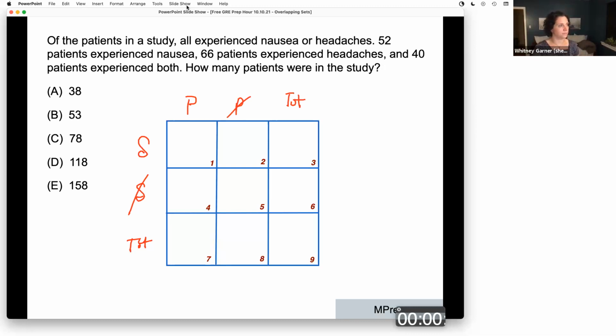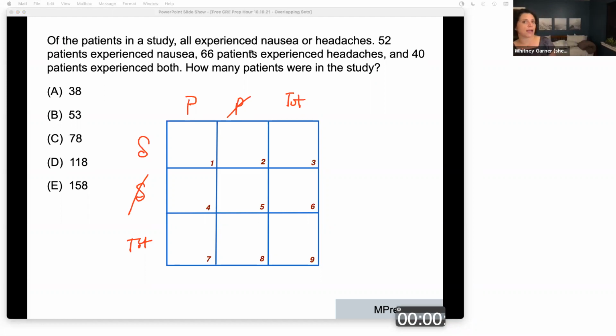All right. So for this problem, everybody experienced nausea or headaches. 52 had nausea. So let's get our little labels for nausea and headaches. So we'll do nausea maybe over here and not having nausea, headaches here and not having headaches.